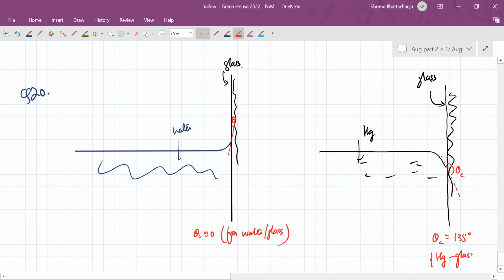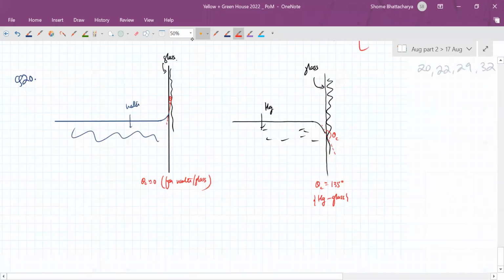Mercury glass interface. Okay, so this is the concept we have to use in this question now.